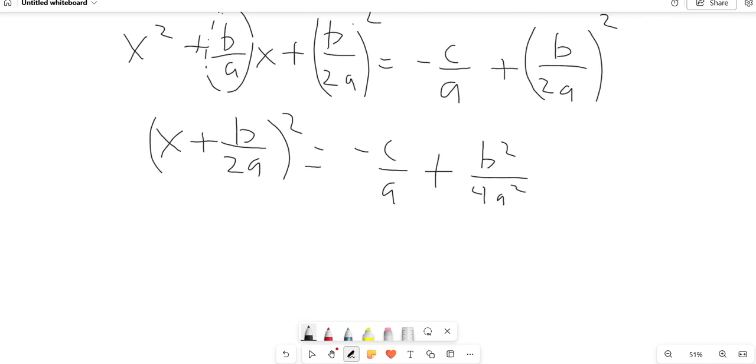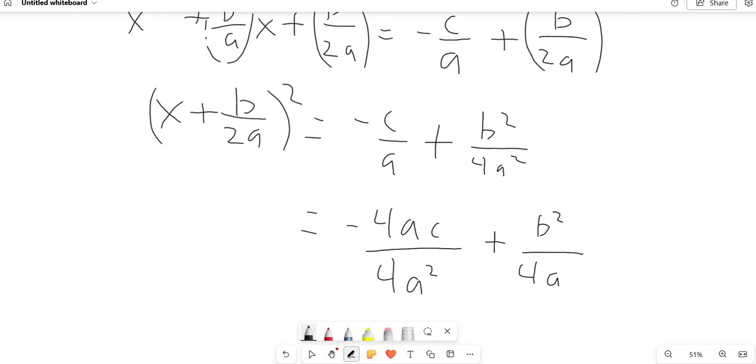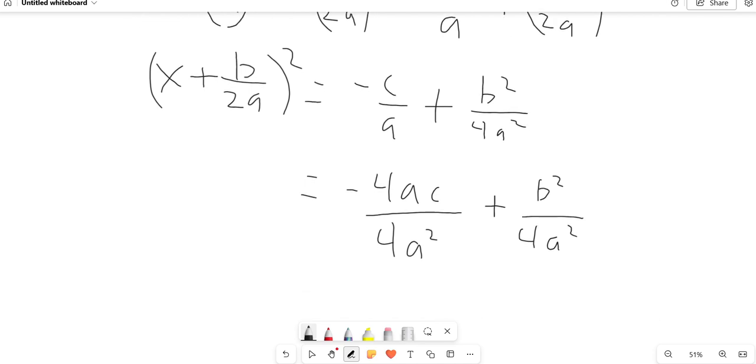I can use 4a squared. So that gives us negative 4ac, because to go from a up to 4a squared, I would have to multiply by 4a. So this is over 4a squared plus b squared over 4a squared.